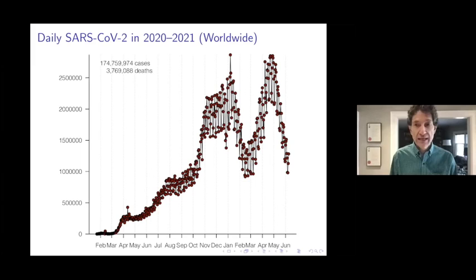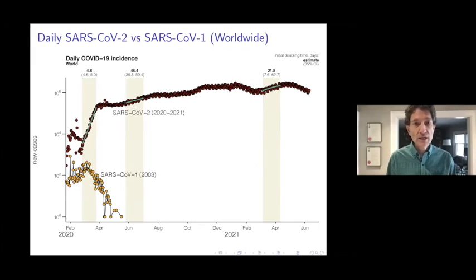So a catastrophic experience over the last year. Here is the same data on a log scale showing the SARS coronavirus 2 epidemic, and this on the same scale, just lined up, is the equivalent SARS 1 from 18 years ago, which was minuscule in comparison.